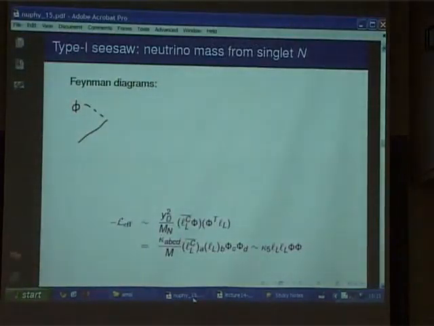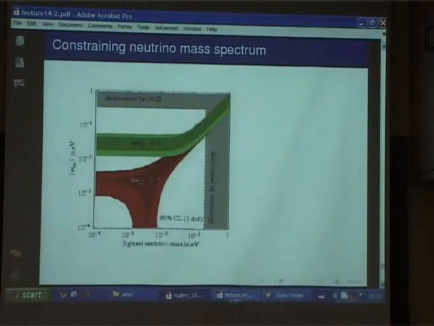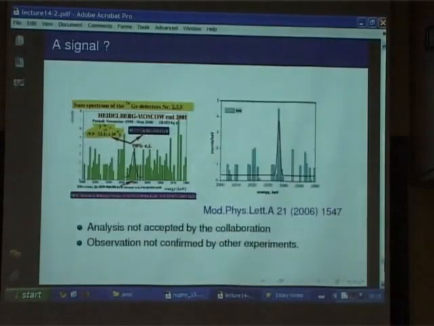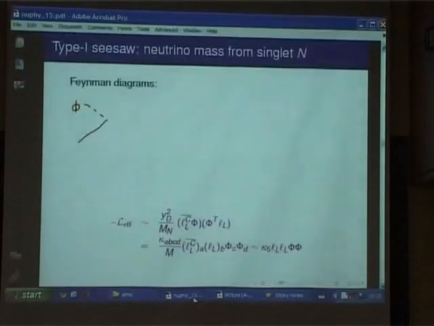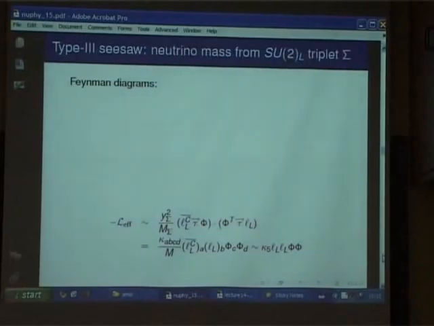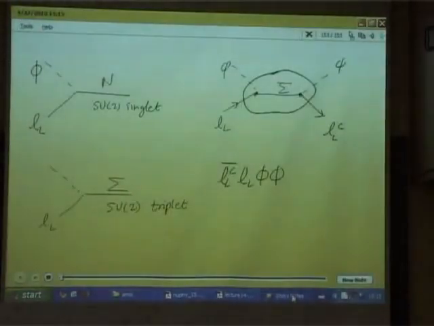So therefore, exactly what I did here on my type 1 system, I can do it by replacing this diagram, earlier diagram which had N here, by a sigma.